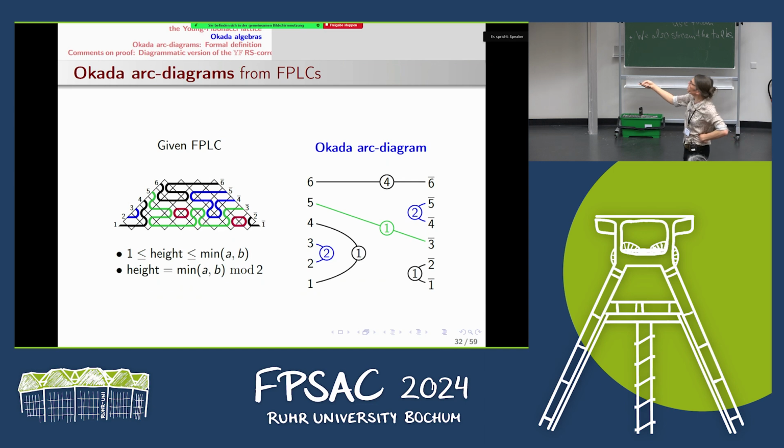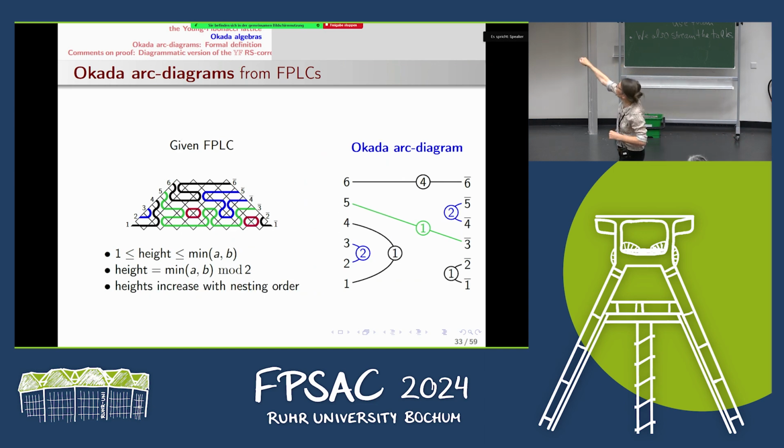And then finally, these arcs can nest one another. The blue arc here joining 4 and 5 is nested above the arc joining 3 and 5. So clearly, just from that topological consideration, the height of the blue curve has to be strictly larger than the green arc. So the heights are increasing with respect to this nesting order.